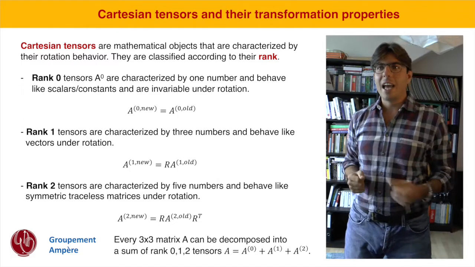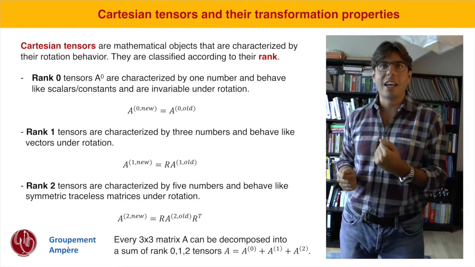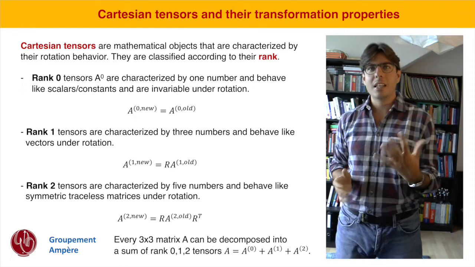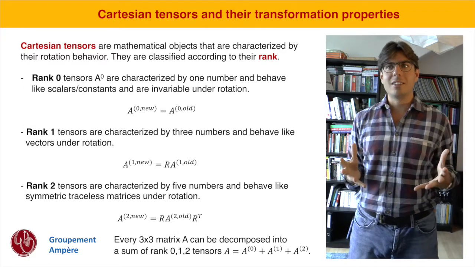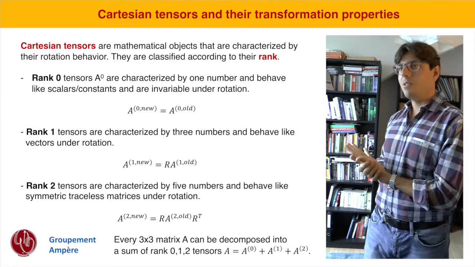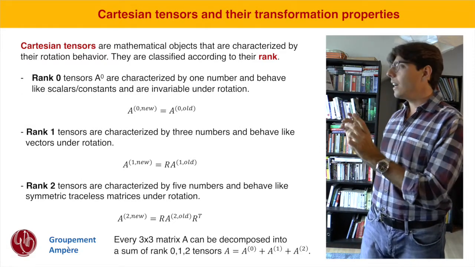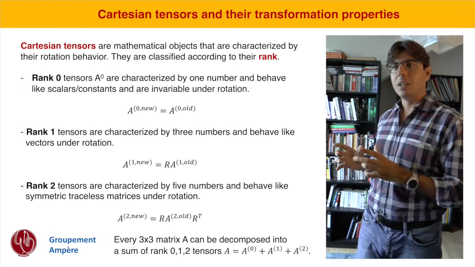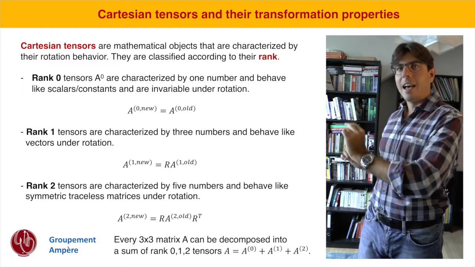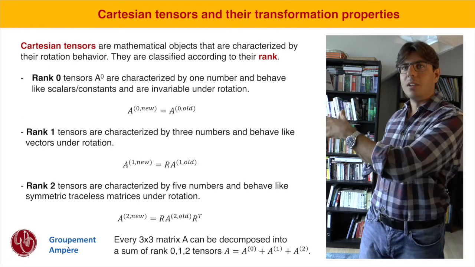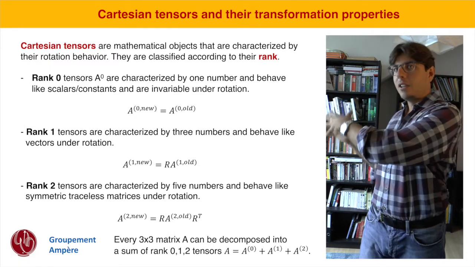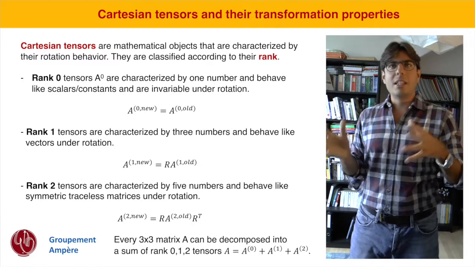And finally, we have rank 2 tensors, and these are characterized by 5 numbers, and they rotate like symmetric traceless matrices. And how does the rotation work again? This time it gets a little bit more complicated because you take your rotation matrix and you multiply it once from the left and once from the right to your symmetric matrix in order to get the rotated matrix.